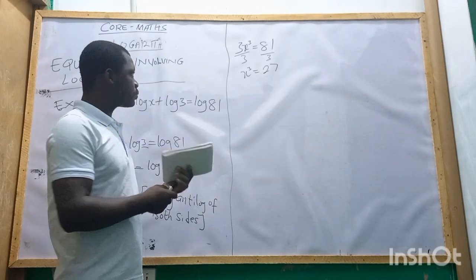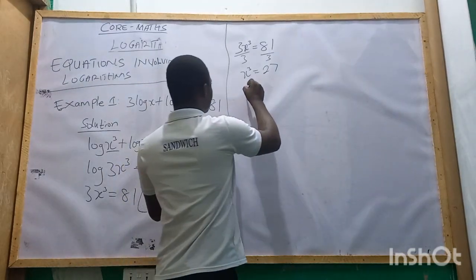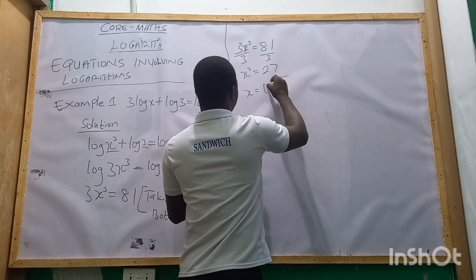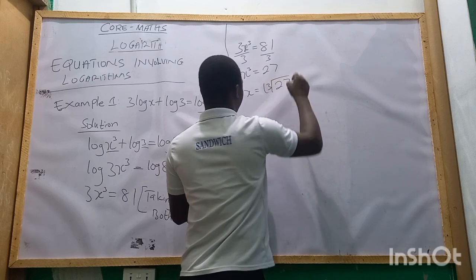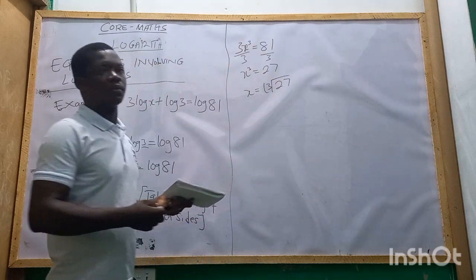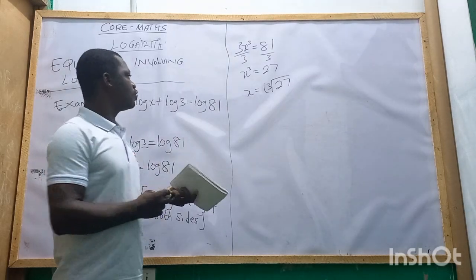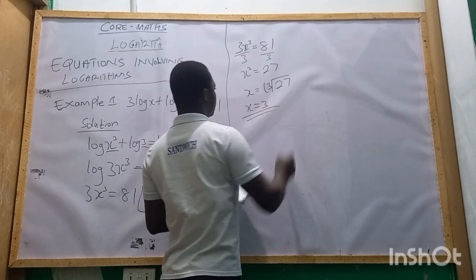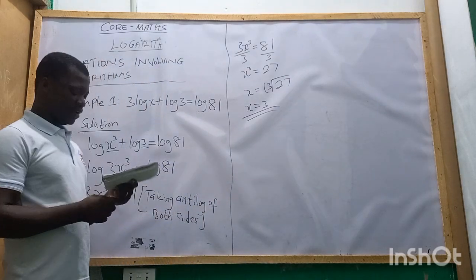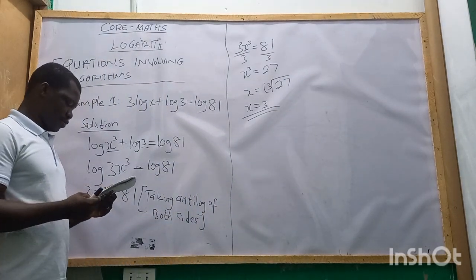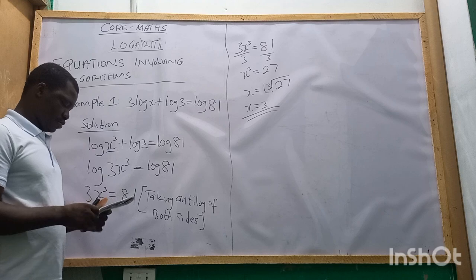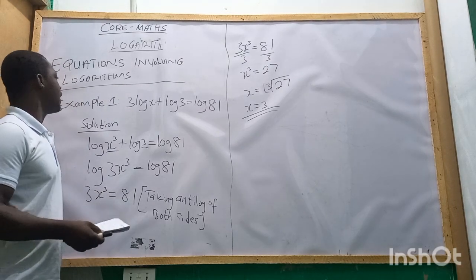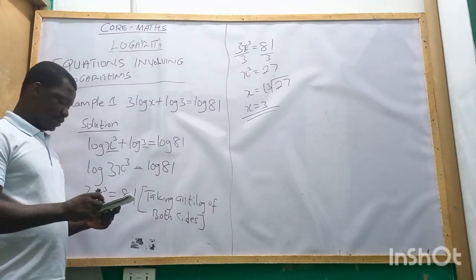Right. So x will be equal to the third root of 27, which is 3. So I'm done for the first example. Okay, so this is example 1.